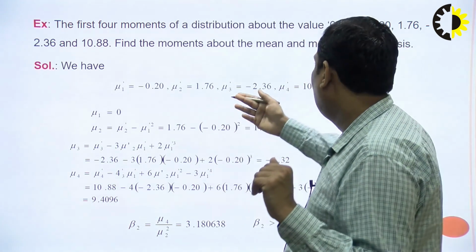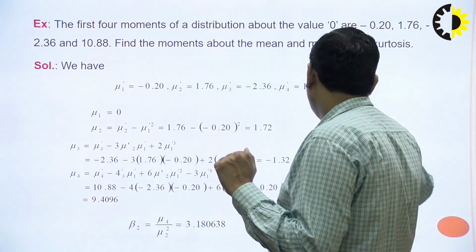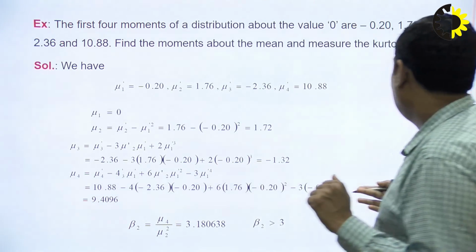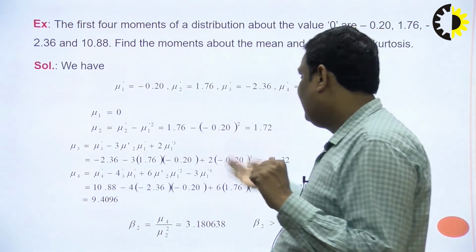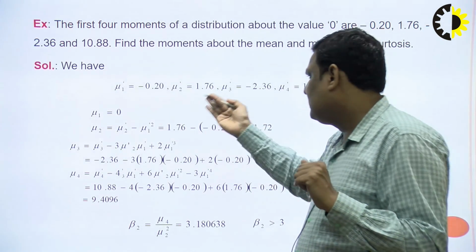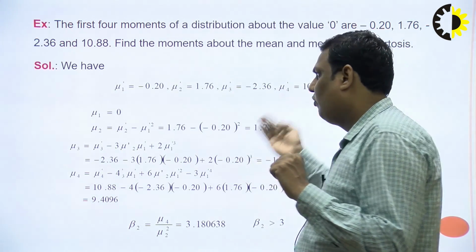So here mu1 dash, mu2 dash, mu3 dash and mu4 dash are given as minus 0.20, 1.76, minus 2.36 and 10.88.